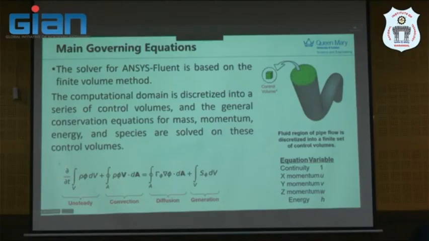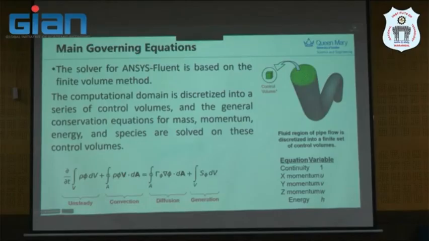And for these governing equations, there are 4 parts. First one is the unsteady term, and the second one is the convection term, and we call this one the diffusion term and the generation term.